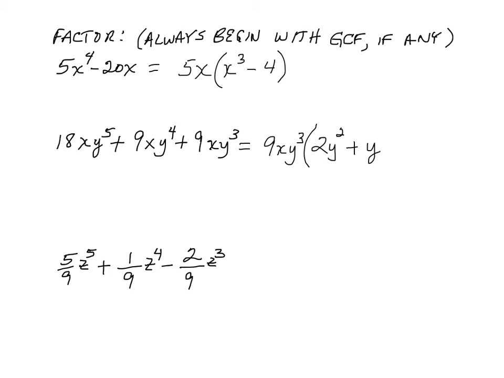And look at this, 9xy to the third and 9xy to the third, they're the same thing. So if I factor that out, it's just going to leave a 1. Check it out, multiply it to make sure that it multiplies correctly.